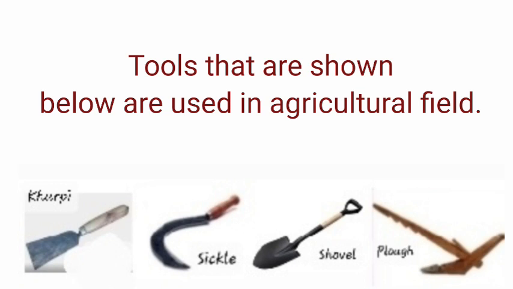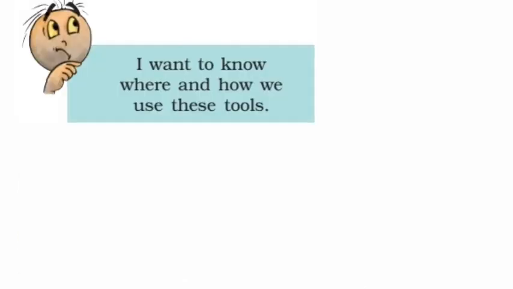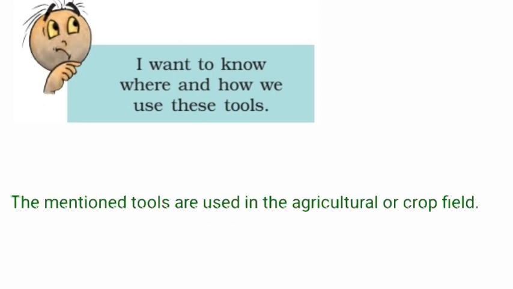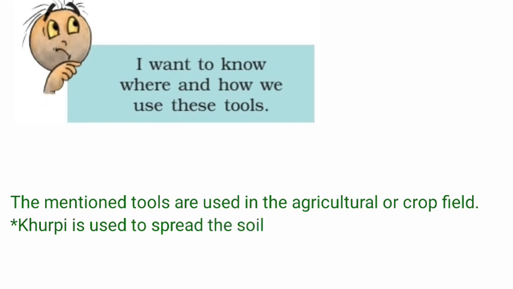Many of us know about the usage of these tools, and at the same time Bujo has a doubt. He is asking, I want to know where and how we use these tools. Let us give the answer on our own.